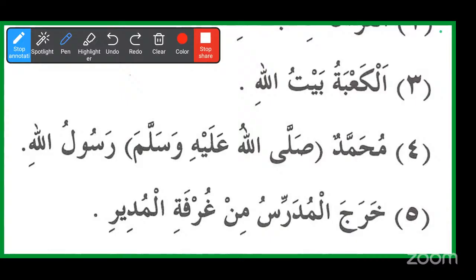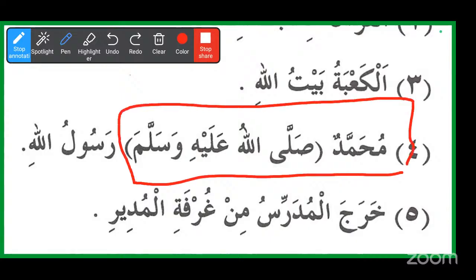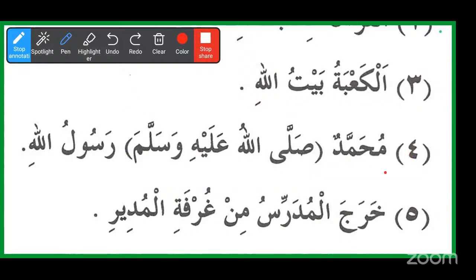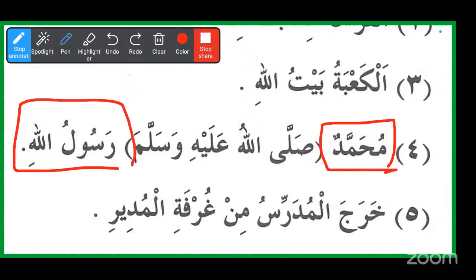Now here again we have got Muhammadun sallallahu alayhi wa alihi wa sallama. So the whole thing becomes the mubtada, because Muhammad is connected to this whole phrase. We are not going into the detail of sallallahu alayhi wa sallama. Just see that Muhammadun Rasulullah. Muhammad becomes the mubtada marfu and Rasulullah the khabar.